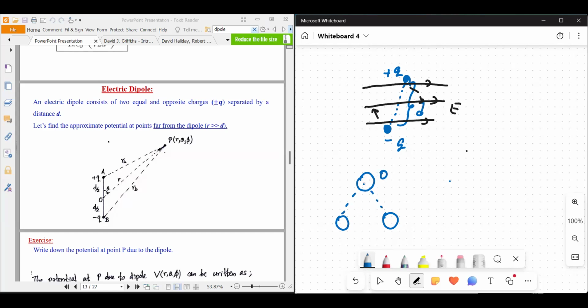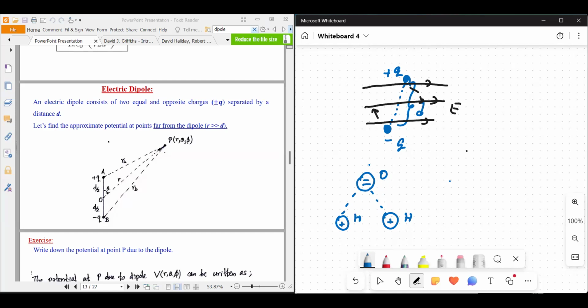So there will be negative charge on the oxygen side and positive on the hydrogen side.